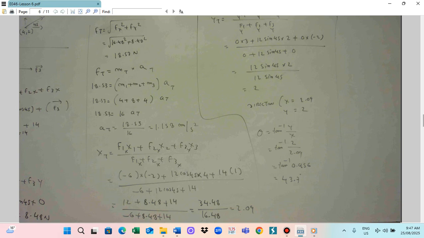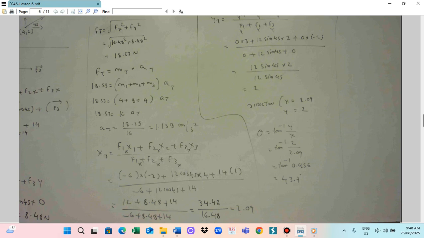Divided by F1, which is minus 6, plus F2, which is 12 cos 45, plus F3, which is 14. So 12 cos 45 will be calculated, which is 8.48. And F3 is 14 into 1, so this is 14. Divided by minus 6 plus 8.48 plus 14.